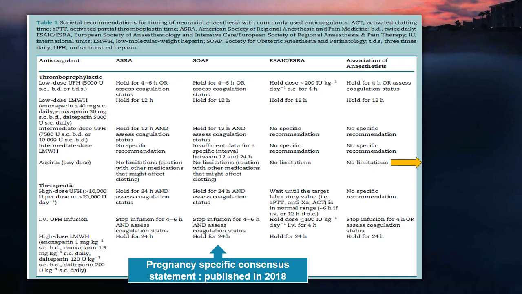However, I just want to draw your attention to the point here that when aspirin alone is being used for preeclampsia prophylaxis, we can perform spinal or epidural anesthesia without any contraindication, without any limitation.